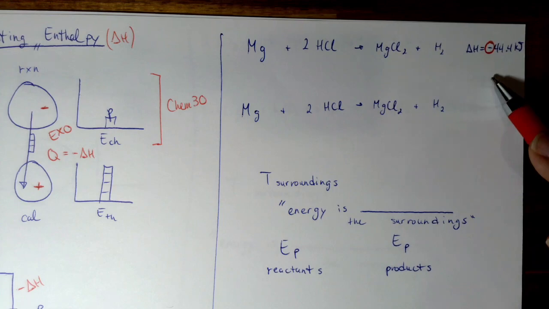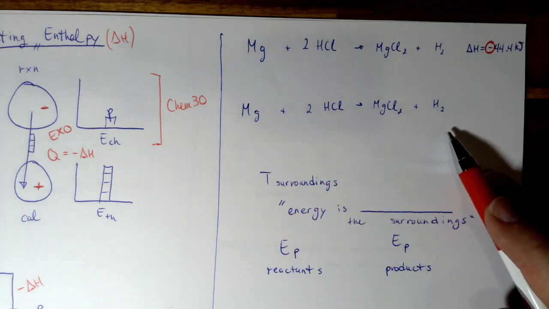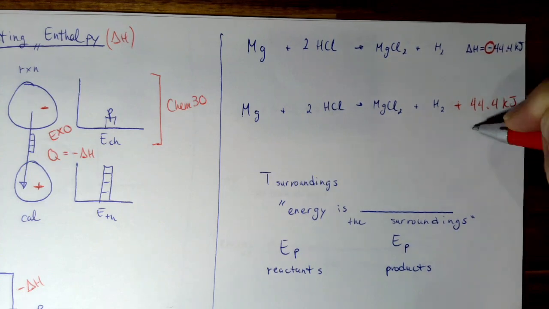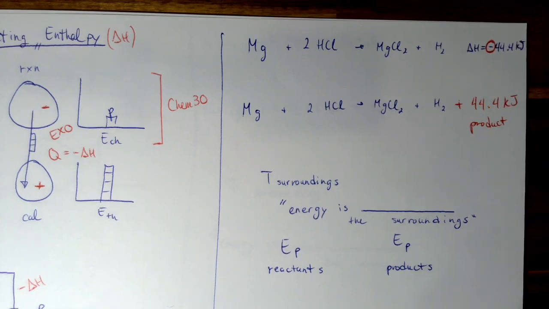So you can either see it listed off to the side here with a negative, or you can see it in the reaction. Now because energy is leaving the system, we can write it over here as a product. And when it's written as a product, it's telling you energy is leaving the system, it is telling you that this is an exothermic reaction.